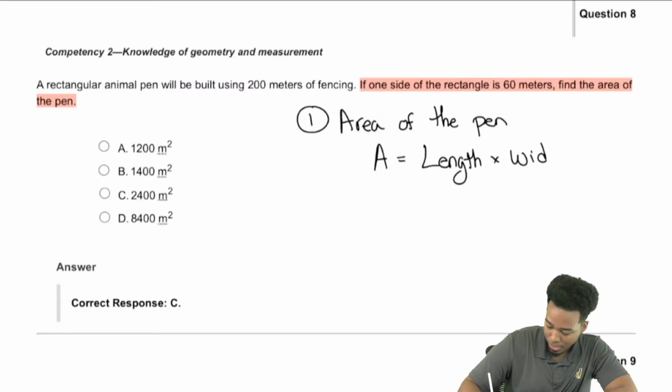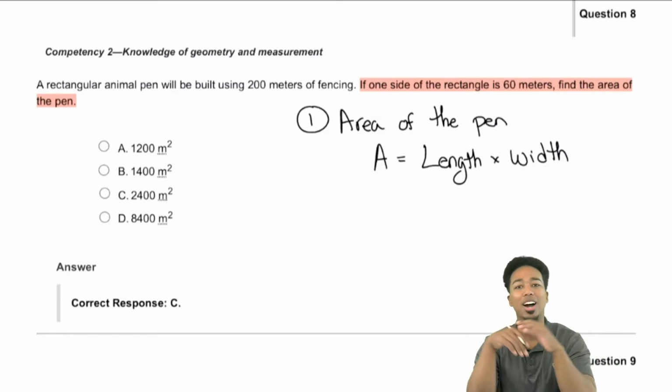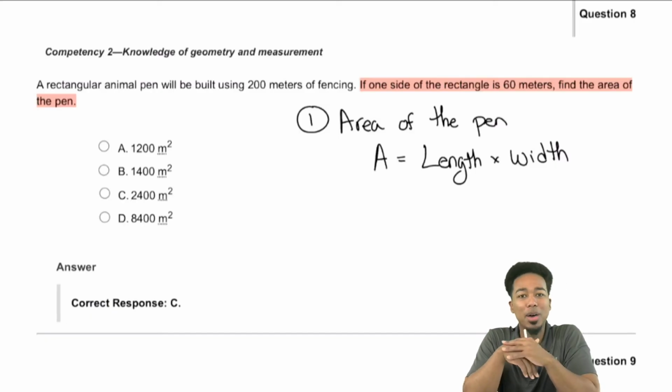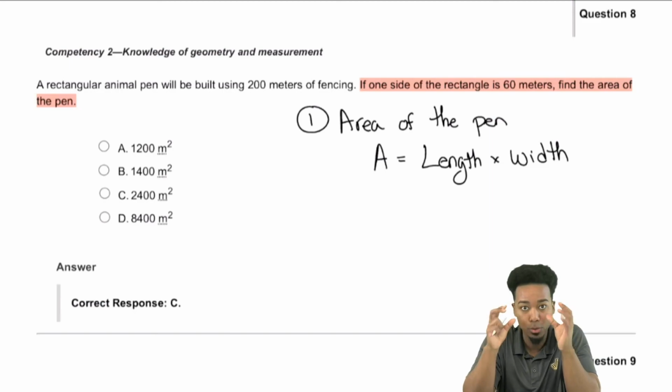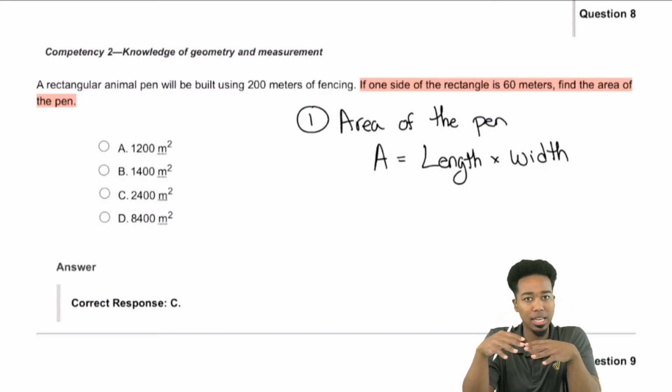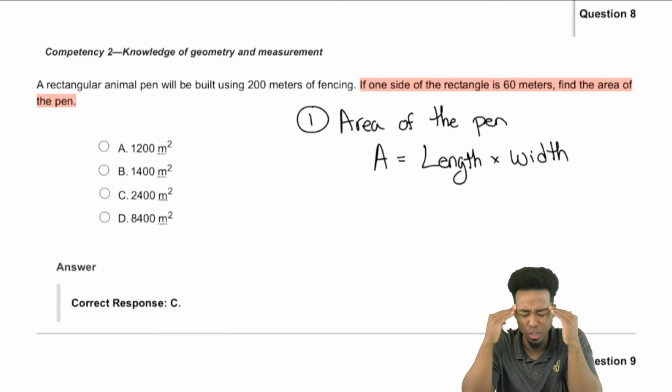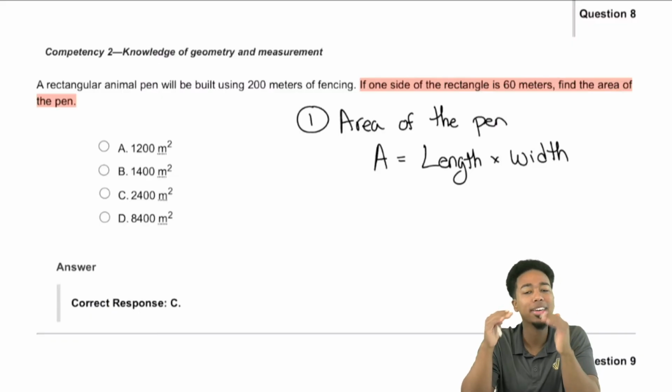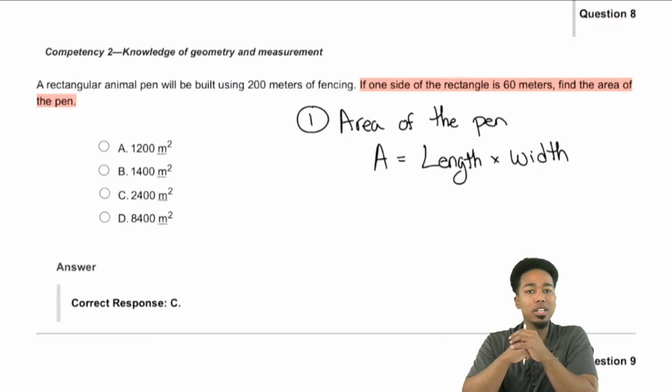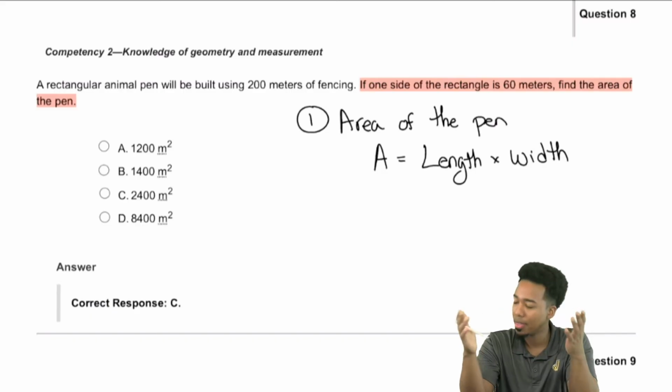Length times the width. Booyah, right there. That's the awesome thing about this. And because of that, my party people, all I have to pay attention to now is how can I get the length? How can I get the width? I have to just look at that information. That's all I care about now because I know what my formula is. I know what I have to plug into it, and then I'm done.